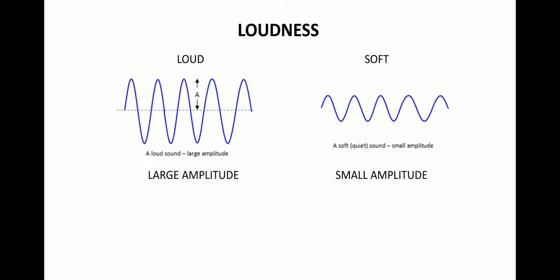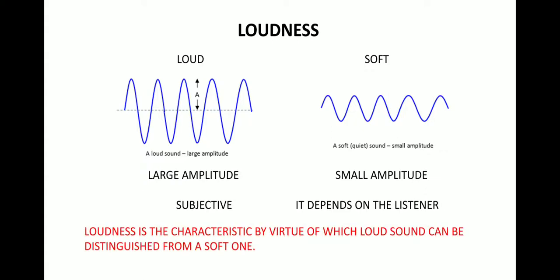That's why loudness is considered a subjective characteristic, because it depends on the listener. Thus, we define loudness as the characteristic by virtue of which a loud sound can be distinguished from a soft one.